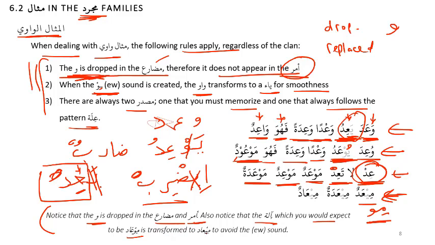This is transformed into something that sounds much smoother, which is mi'adun. So there are 2-3 key points. One is the waw is always dropped in mithal wawi, and if you have these ugly sounds, then you make changes so that the sound becomes smoother. All right, any questions here before I move on? These things will take some time to sink in.